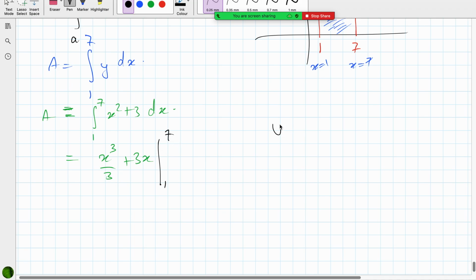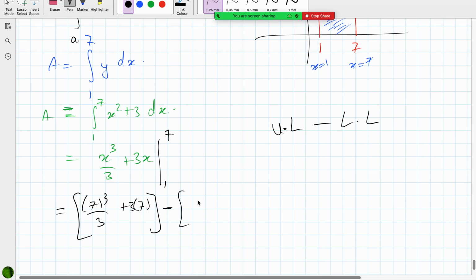Next step is upper limit minus lower limit. So you substitute 7: 7 cube by 3 plus 3 into 7, this is upper limit, minus lower limit 1 cube by 3 plus 3 into 1.